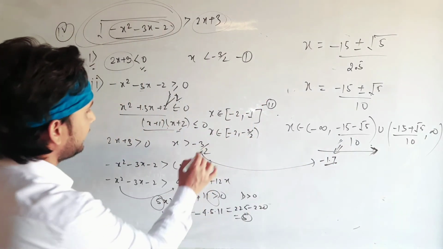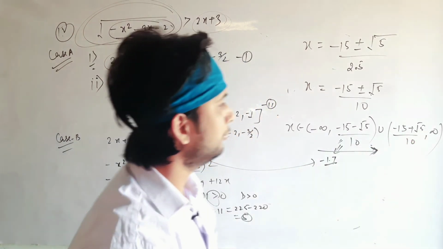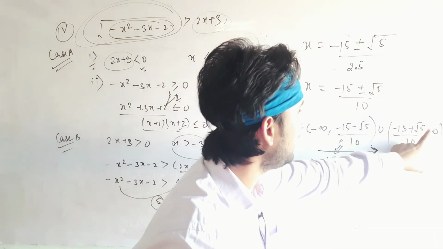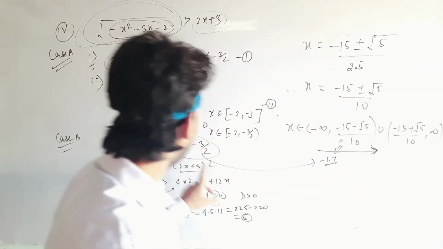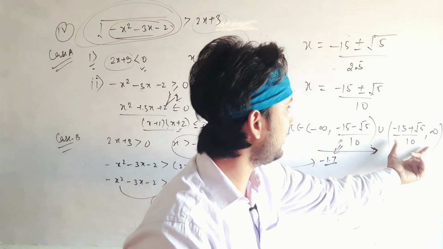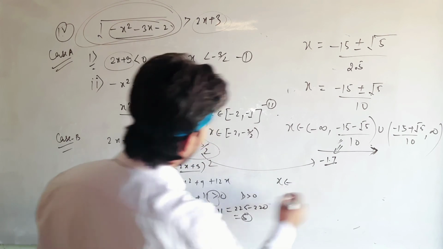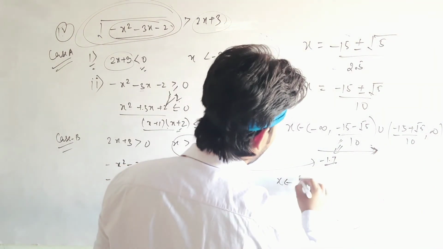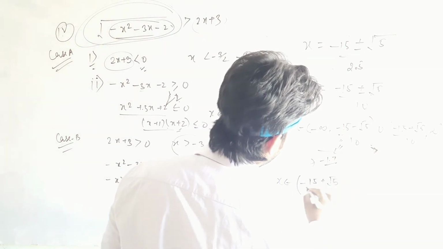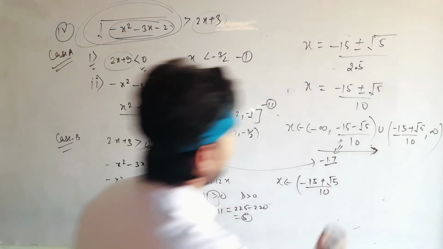It means x greater than minus 3 by 2, and minus 15 plus root 5 by 10 will be greater than minus 3 by 2, because its negative is less than minus 3 by 2. When you take the intersection, the answer will be minus 15 plus root 5 by 10 to infinity.